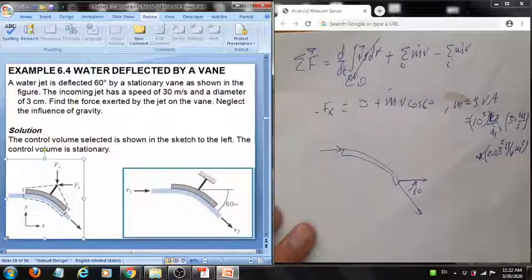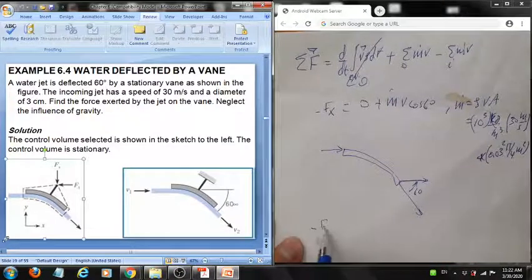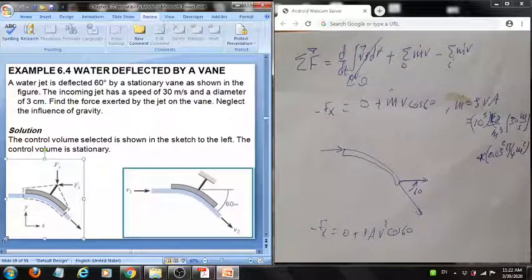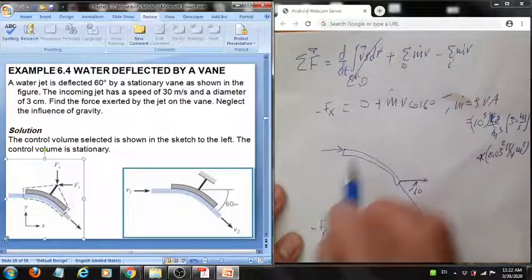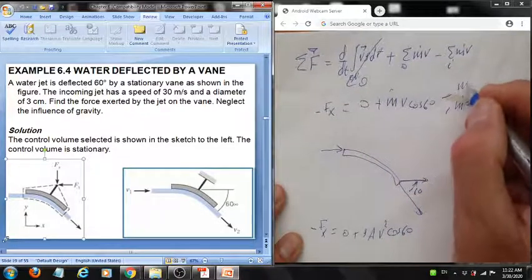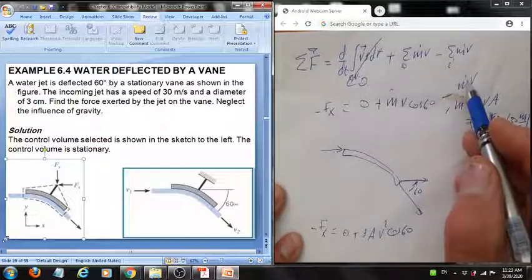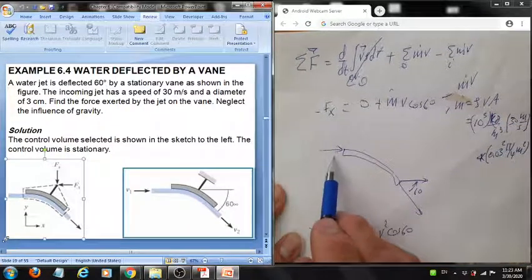Or we can go back and say minus Fx equals 0 plus rho A V squared cosine 60. I apologize. Also, we have the minus m dot times the velocity entering in the x direction.